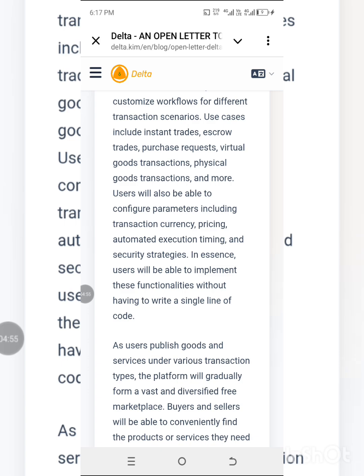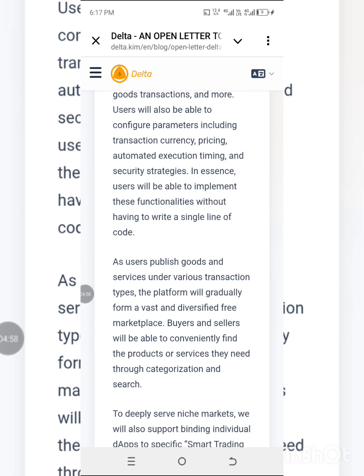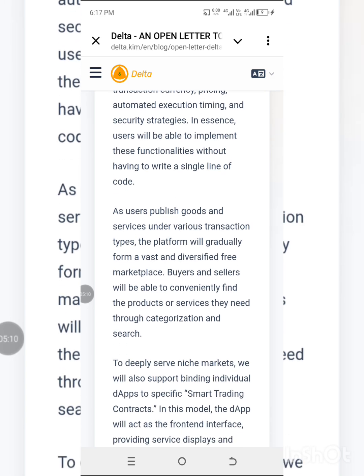So let's continue. As users publish goods and services under various transaction types, the platform will gradually form a vast and diversified free marketplace. Buyers and sellers will be able to conveniently find the products or services they need through categorization and search.